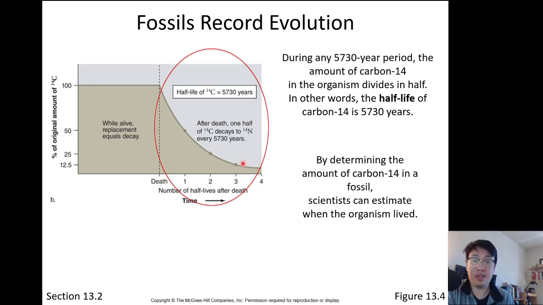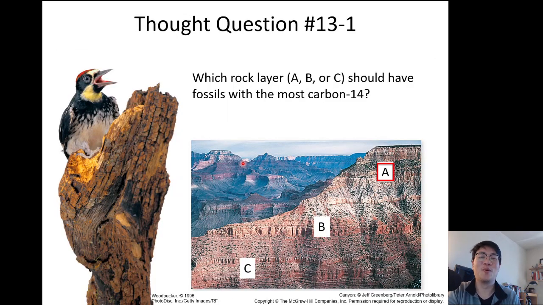So essentially, more carbon-14 means we're more alive. Less carbon-14 means we're more dead. We died a longer time ago. English, go figure. So the answer would be A, guys. A will have the most because it is the newest layer to have formed.